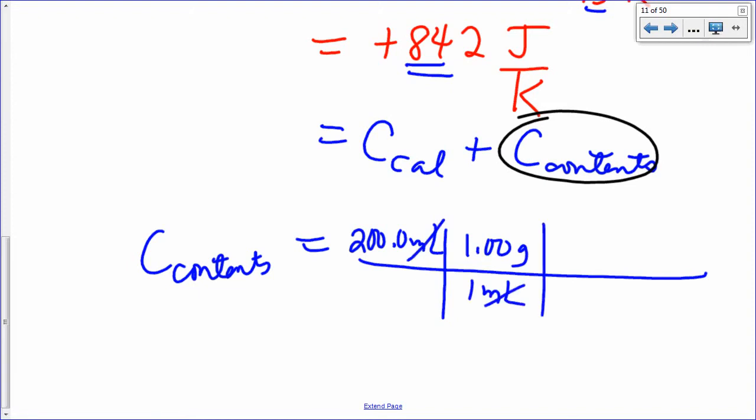What's the specific heat of water? 4.18 joules per Kelvin per gram. Gram cancels out. So heat capacity of contents is how much? 836 joules per Kelvin.